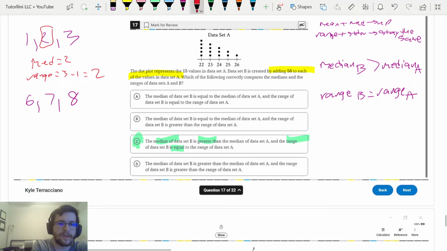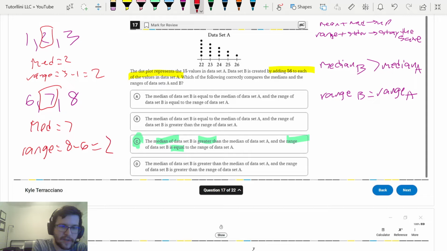And then here, the median is 7. So the median went up, but the range is 8 minus 6, so that stayed the same. That's another way you could have thought about it to figure it out. You could have thought of a simpler problem. That's a great problem solving skill, is think of a simpler problem.